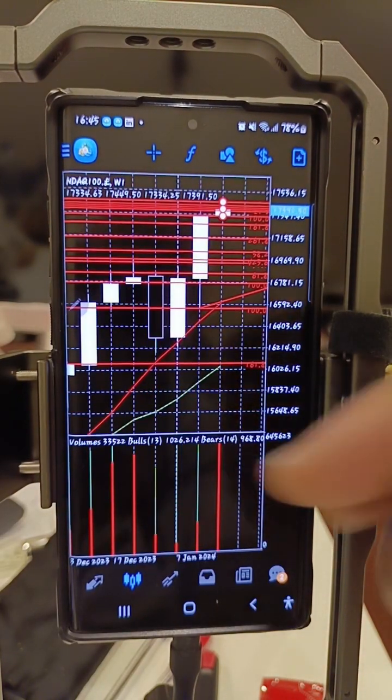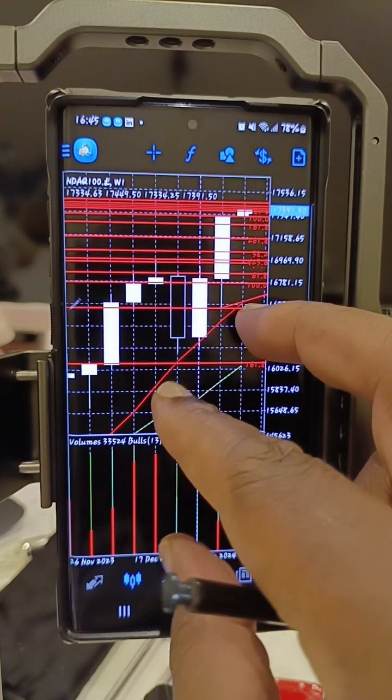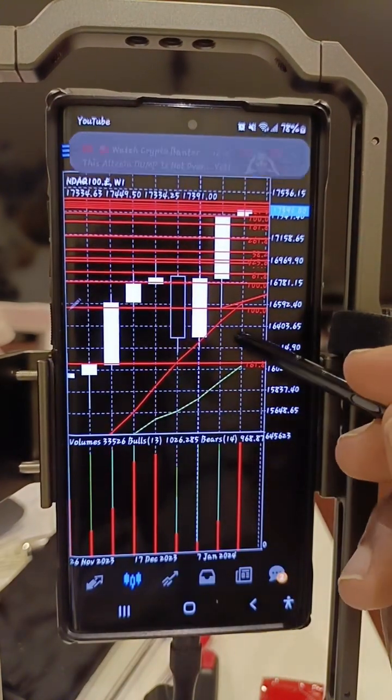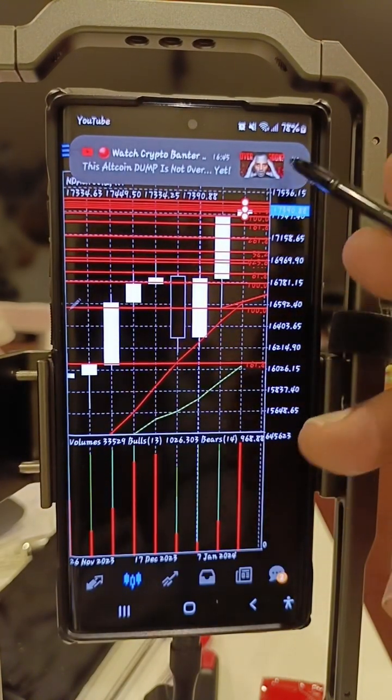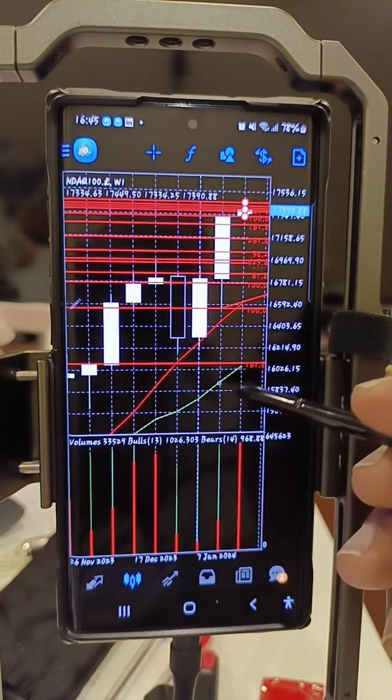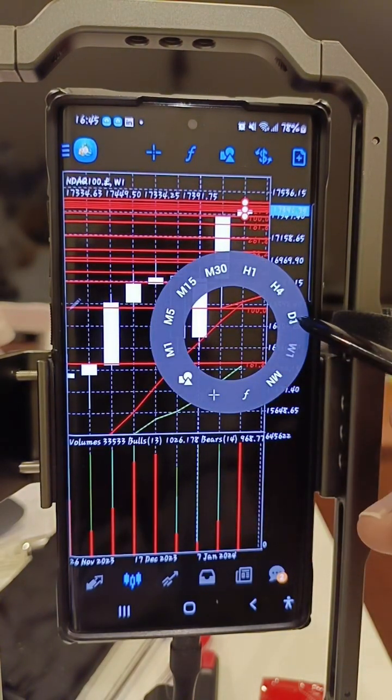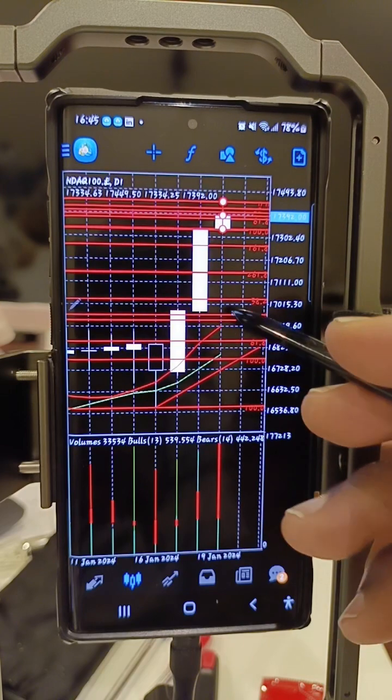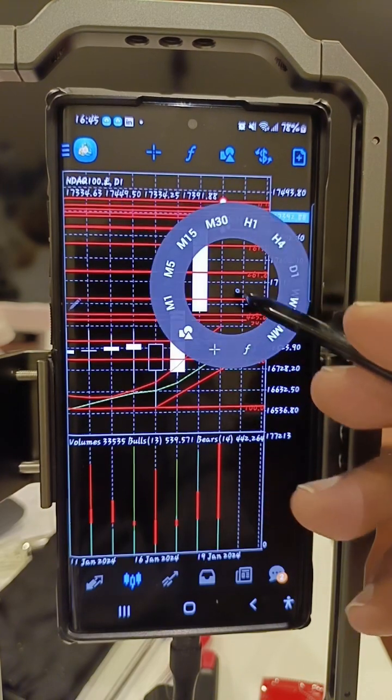So looking at the week, you can see there is a... so I'm just breaking this down to the 4 hour.